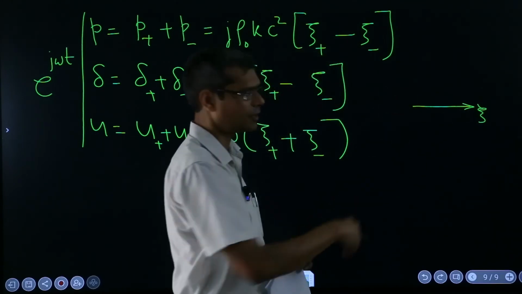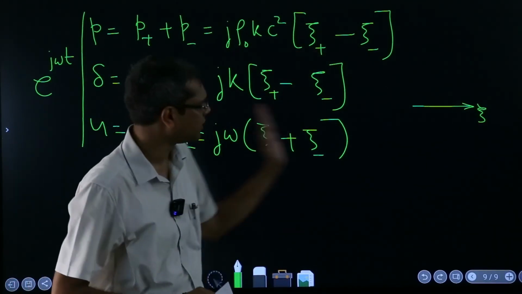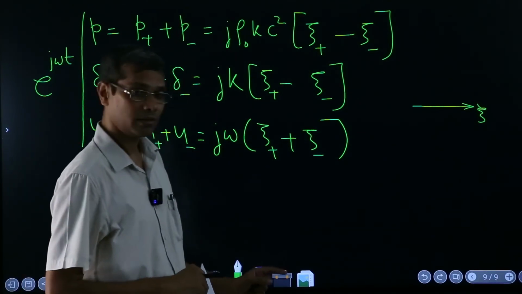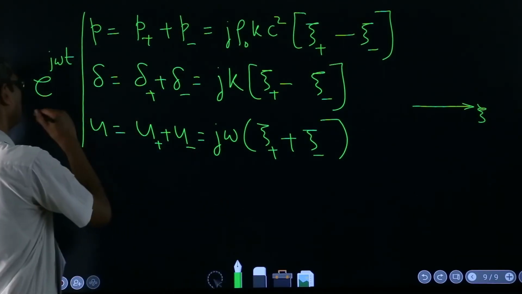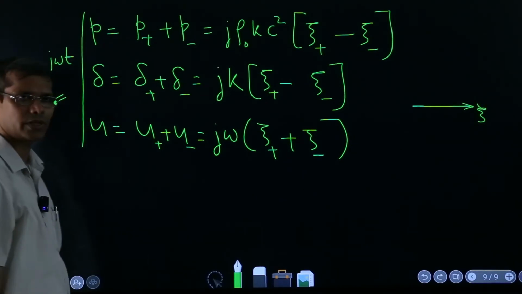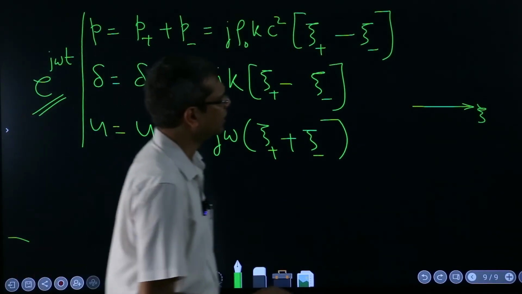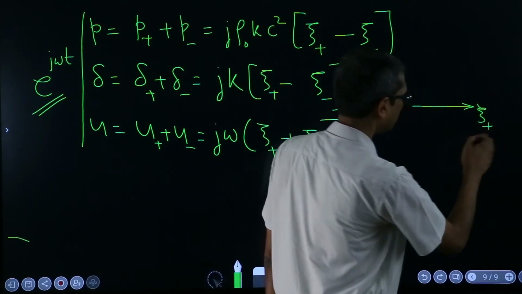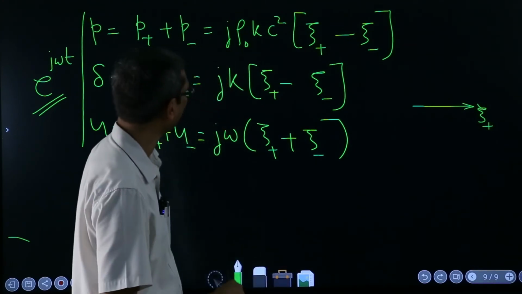Okay. So, now this curve I am drawing for the positive moving wave. In the e raised to j omega t convention I am trying to draw. Now, suppose xi is in this direction. So, I will write say plus also, because we are drawing for positive.